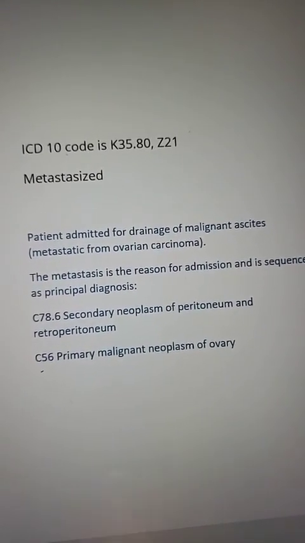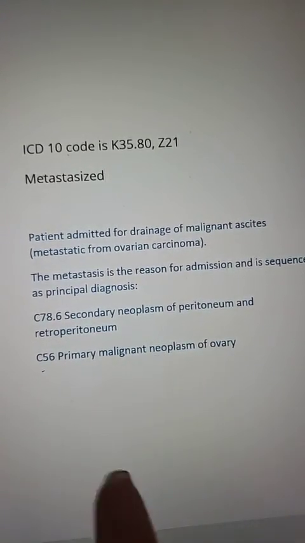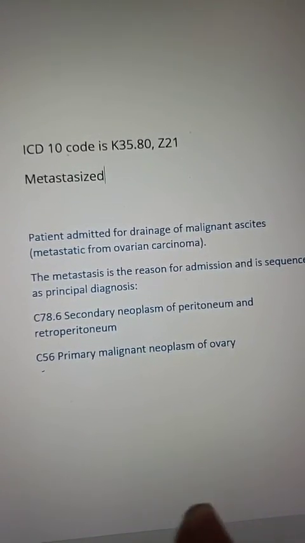So we need to make sure that you know how to code what would be first, second, or third. If she's there and getting the x-ray for the lungs, then the lungs will be coded first, then you'll do primary next, and then you'll do the secondary, which would have been her liver.